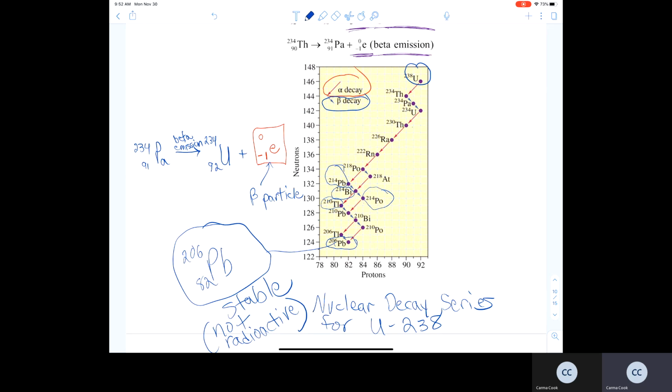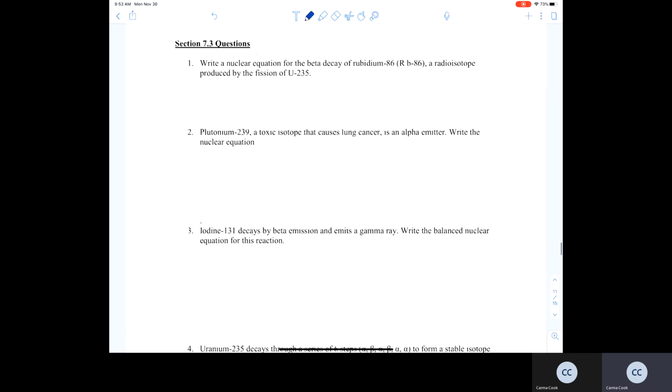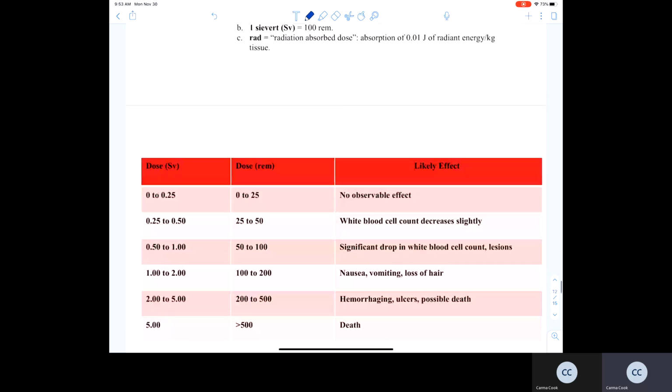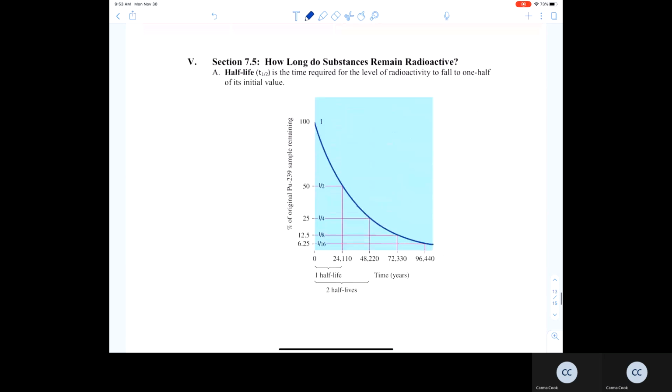How long does it take uranium-238 to break down and decay down to this stable lead-206? Well, it depends on what's called the half-life. The half-life is the time required for the level of radioactivity to fall to 1/2 of its initial value. So all radioactive elements have a half-life.